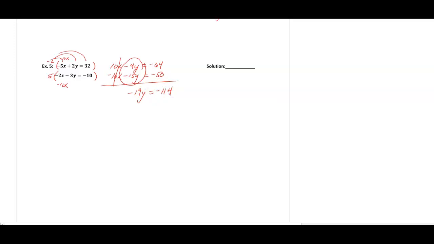And to solve for y, divide both sides by negative 19, and y is equal to 6. So I take that value, and again, it doesn't matter which equation I plug it back into. If I choose the bottom one, negative 2x minus 3 times 6 equals negative 10.